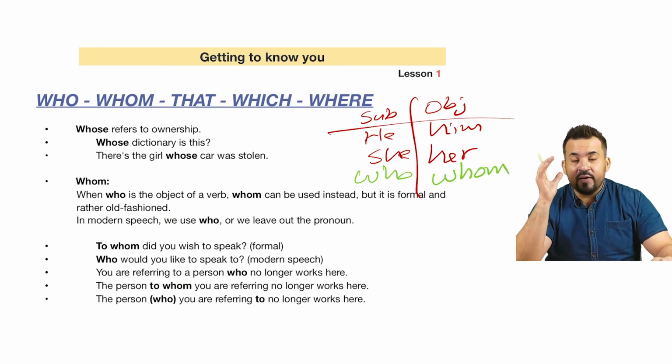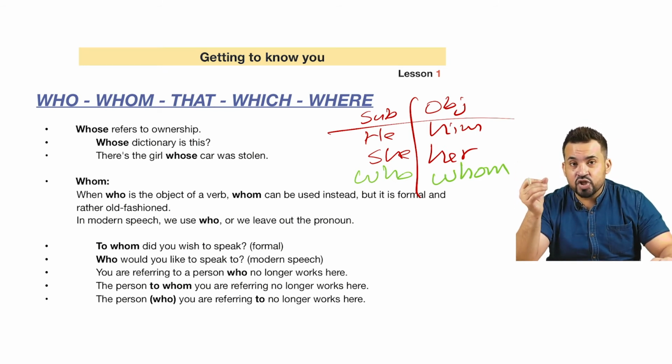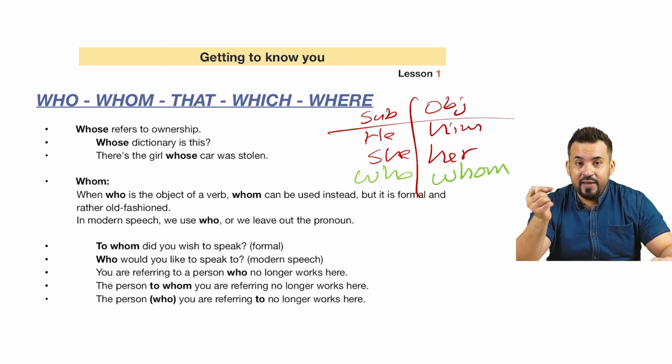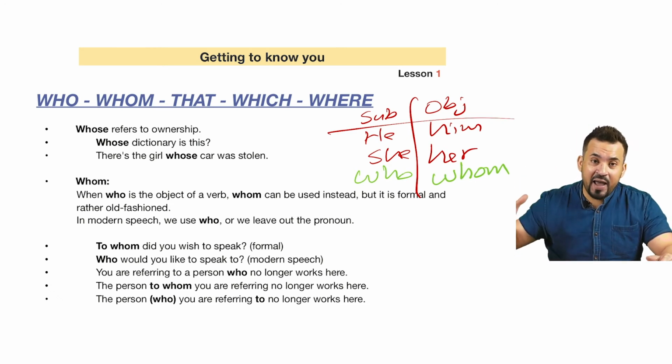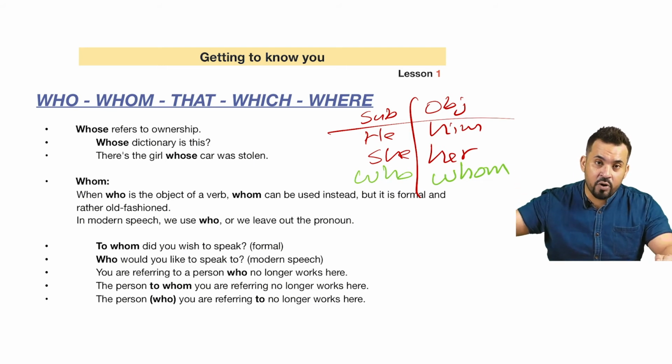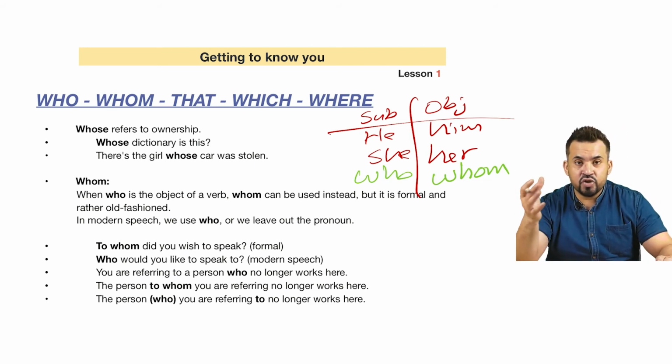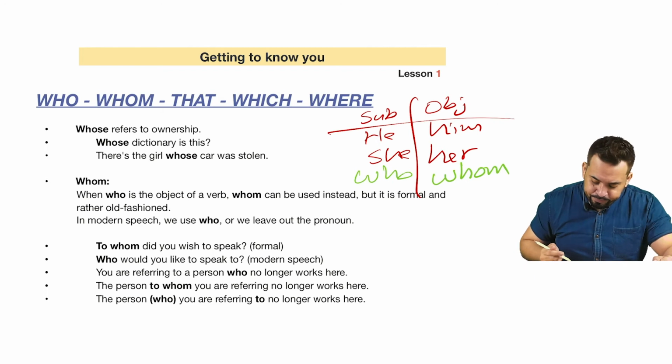Keep in mind that if the answer to the question is he or she, then the question should start with who. If the answer to your question is him or her, then the question should start with whom. Okay, let's take a look at this. To whom did you wish to speak?